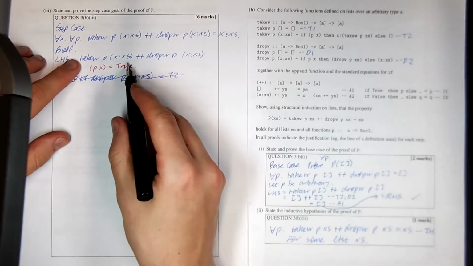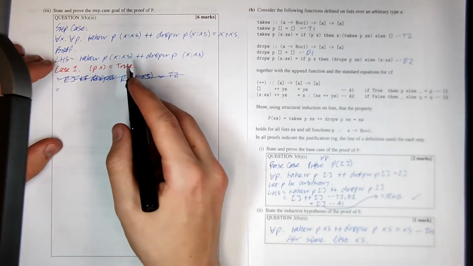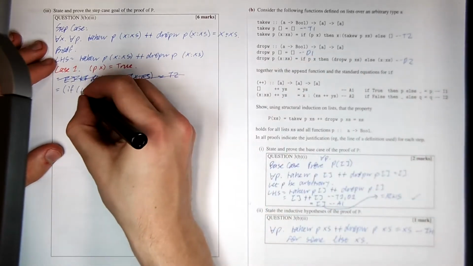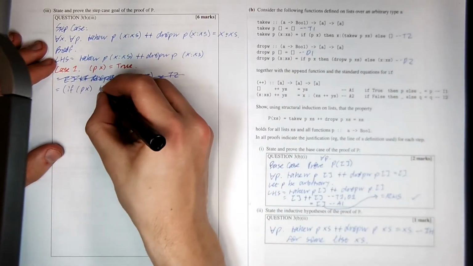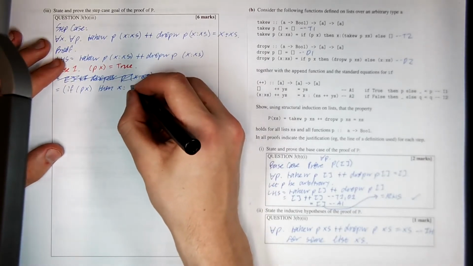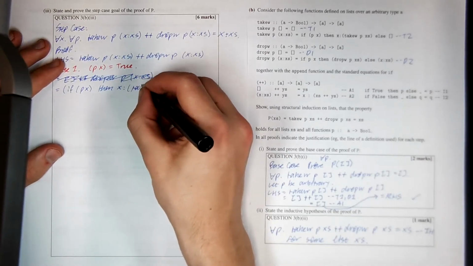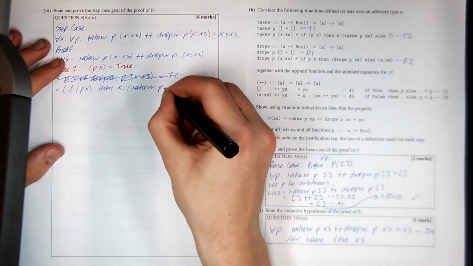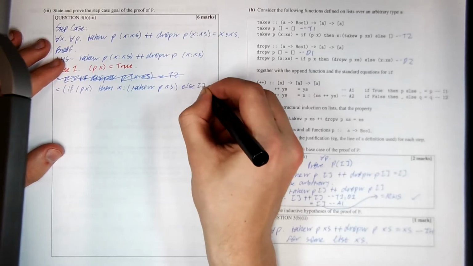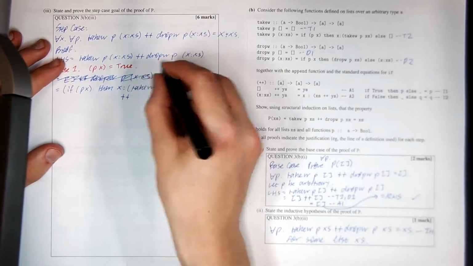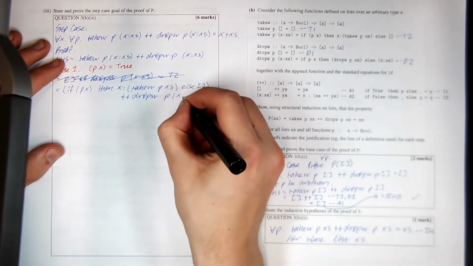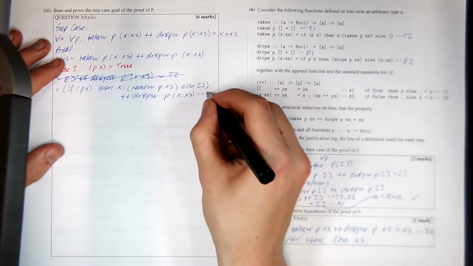This should become if P of X, then X cons take-while P XS, else empty list, concat drop-while P X cons XS by T2.